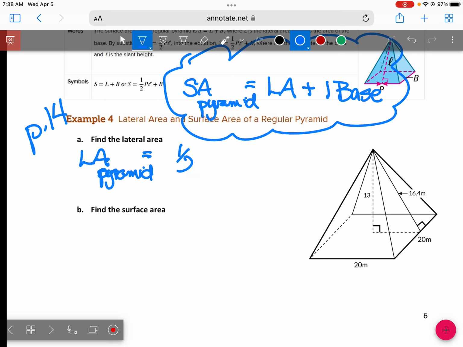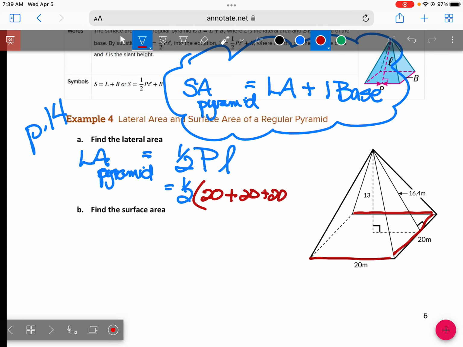So it's going to be 1/2 times capital P times the slant height. So that is 1/2 times my perimeter. I need to add all these up. So there's 20 plus 20 on that side plus 20 on the back side and plus 20 on this side.